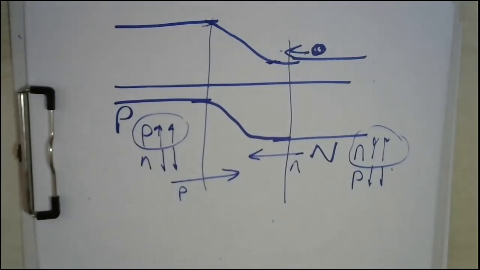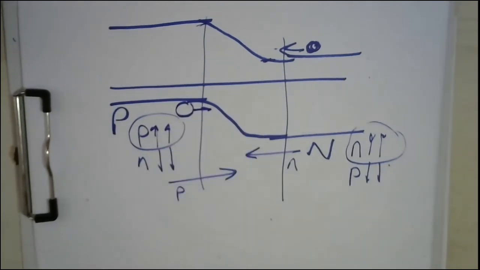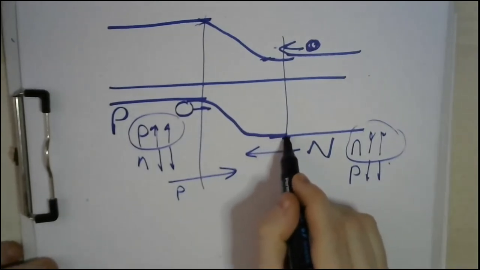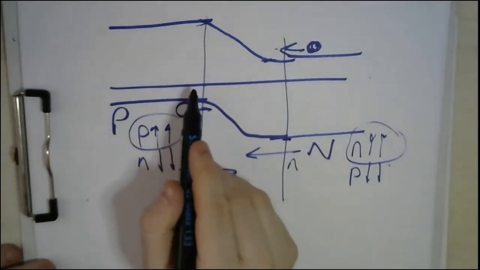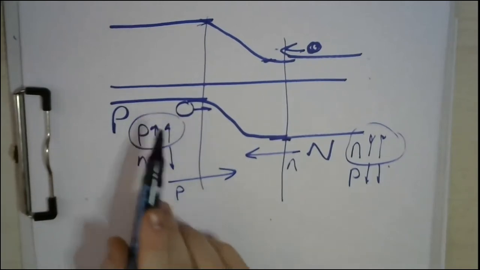Similarly, from the hole's point of view, when you go to this side, the hole sees a barrier, because if you remember, the energy of the hole increases downwards. So this potential energy is higher than this. Accordingly, naturally, the hole will not be able to move from the left to the right.